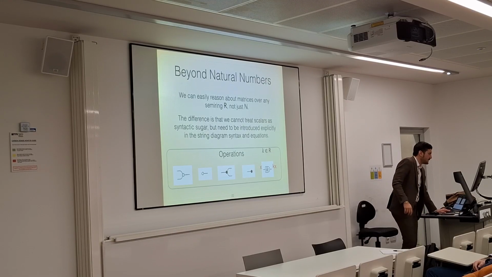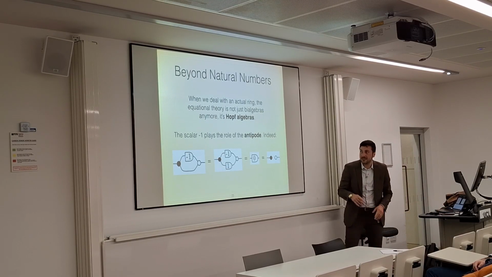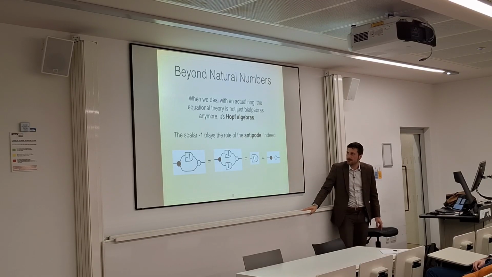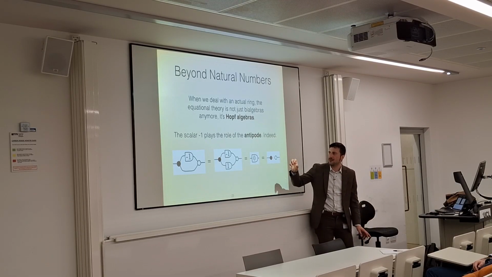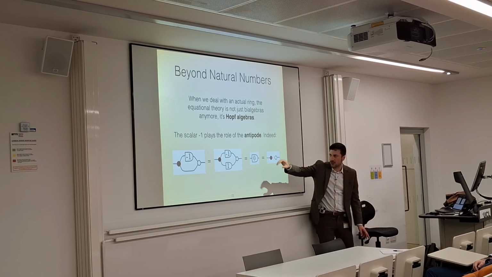An interesting phenomenon that happens once you do this is that among these semi-rings, if your semi-ring is actually a ring, so it has a -1 element, this -1 plays the role of the antipode. So the antipode is this special element that certain structure called Hopf algebras has, which cancels out your algebra and co-algebra.